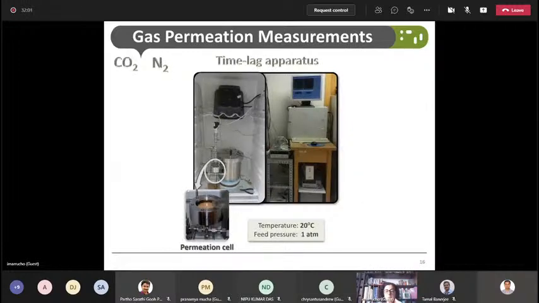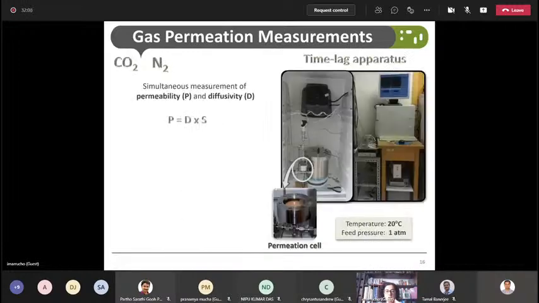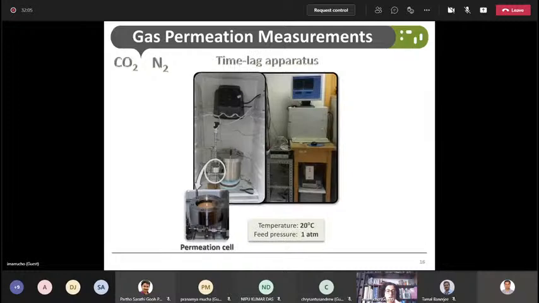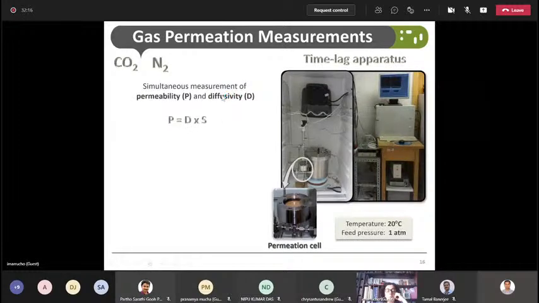What we do is gas permeation tests. In a permeation cell, we have a time lag apparatus that allows us to measure permeability and diffusivity simultaneously. The membranes that I'm going to show you today are dense membranes. It is very difficult to have porous membranes to separate gases.